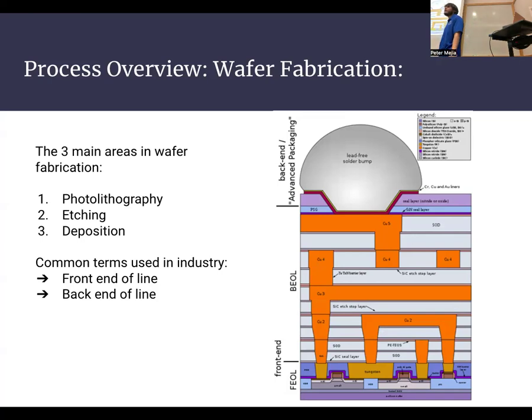In the device processing lab, we go over mostly the front end, because we're dealing with the actual devices. All the interconnects and the connections leading up to interfacing with the rest of the circuit, like PCBs or whatever else you're connecting to, are back end stuff.